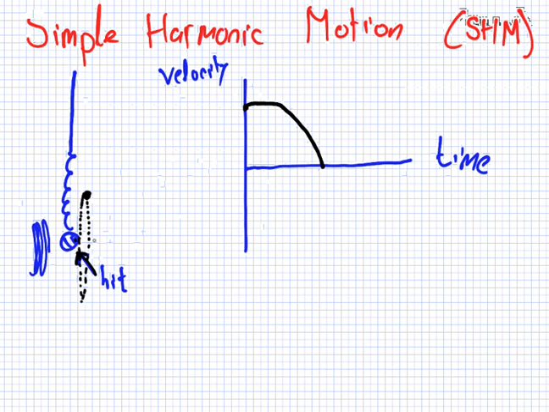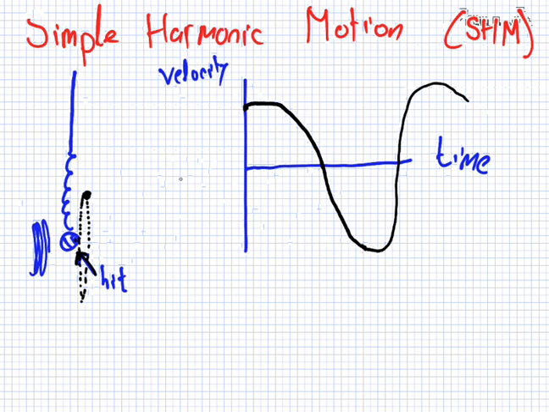Then when it goes down, it has a negative velocity. And then when it goes back up, it starts getting faster again. The graph looks like this. It keeps getting faster, slower, faster, slower, like this.